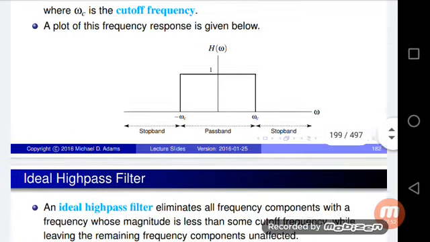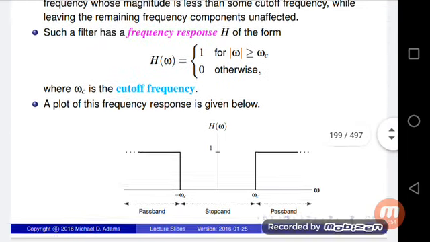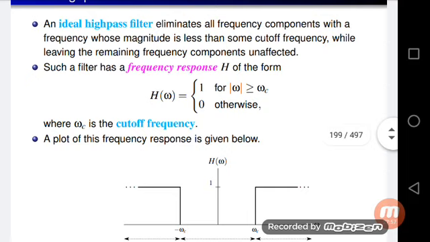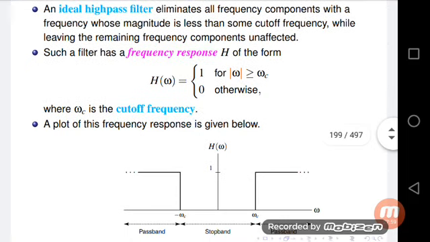But in the ideal high pass filter, where 1 is present, it is a stop band condition, and in that particular period no signal will propagate.